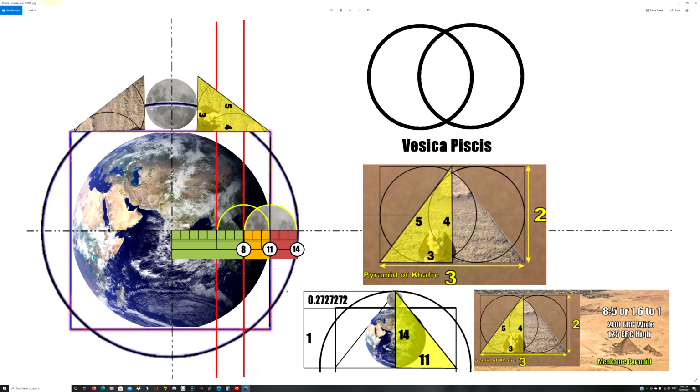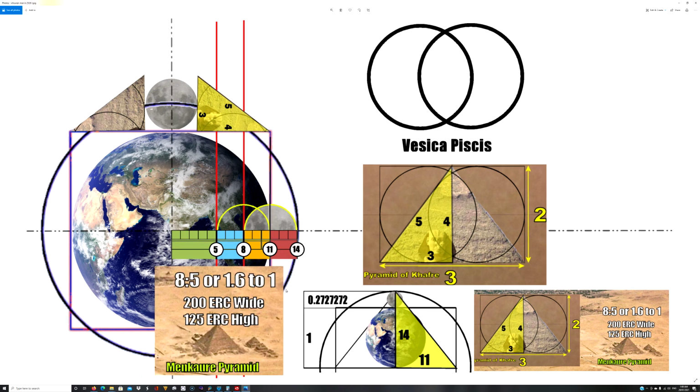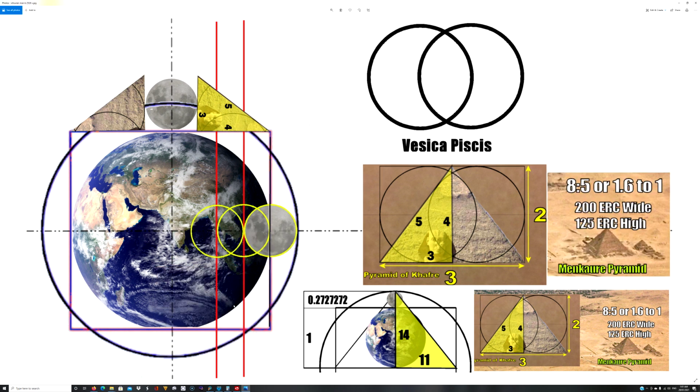Now we have 14, 11 and 8, and then 5, and notice also 8 and 5, those are proportions of the Menkaure pyramid, which you get by reverse engineering from the Great Pyramid, by the 2 to 3 ratio of Khafre's pyramid. You get those features in there. Now we have 2, 5, 8 and 11.